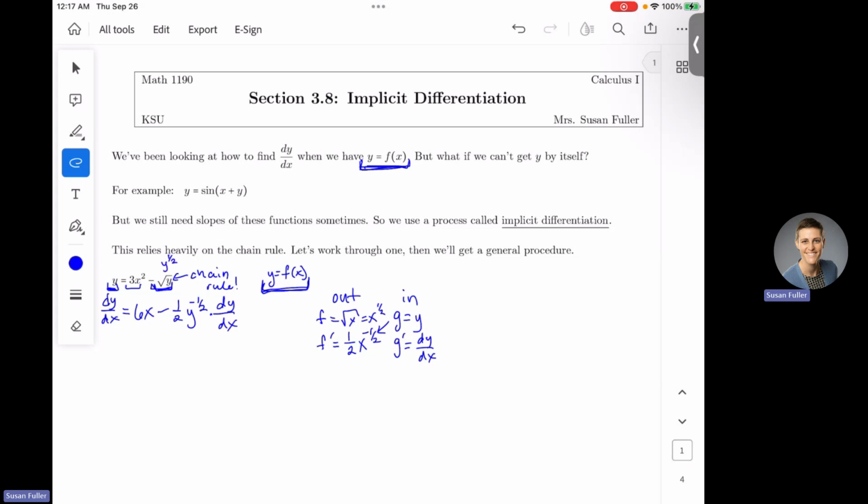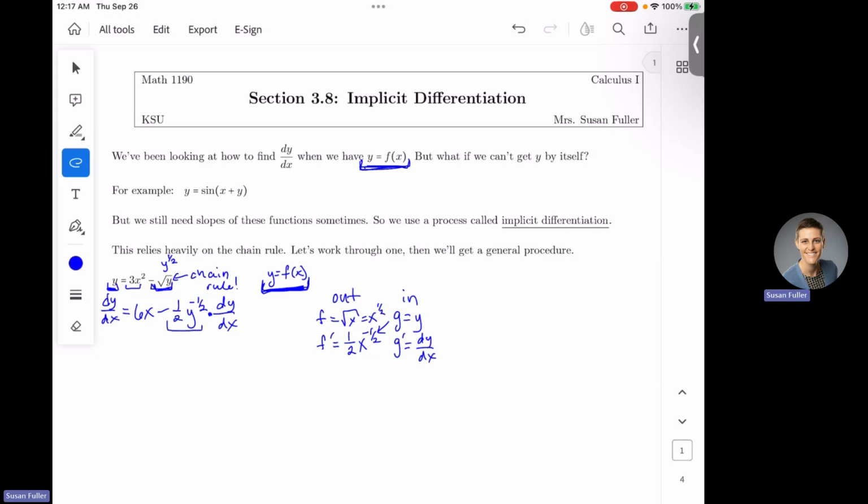If I called this y to the 1/2, and applied derivative rules to that, it would be 1/2 times y to the negative 1/2, right? It's the same derivative rules, just with a y instead of an x. But technically it's not an x, it's a y, which is a function of x. So we have to do the chain rule and multiply by the derivative of that function with respect to x.